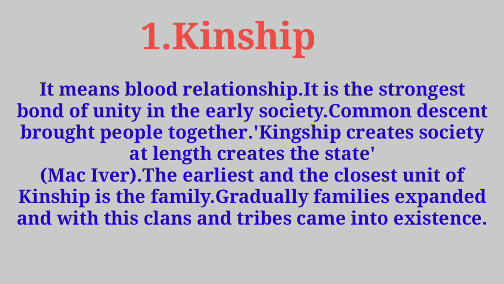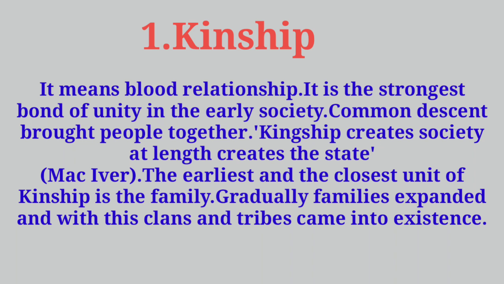Number 1, kinship. It means blood relationship. It is the strongest bond of unity in early society. Common descent brought people together. Kinship creates society, and at length creates the state. MacIver: the earliest and the closest unit of kinship is the family.